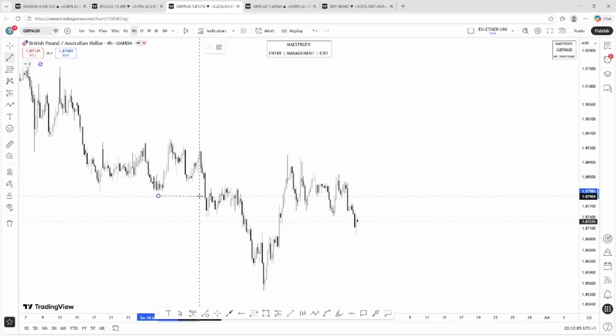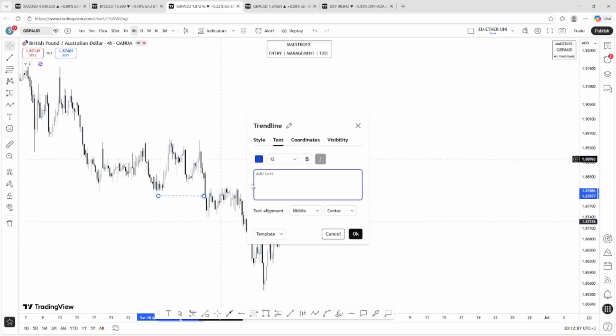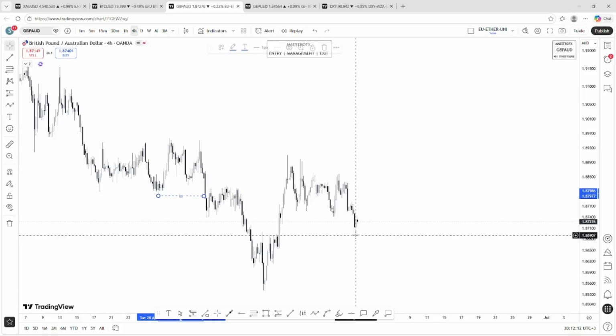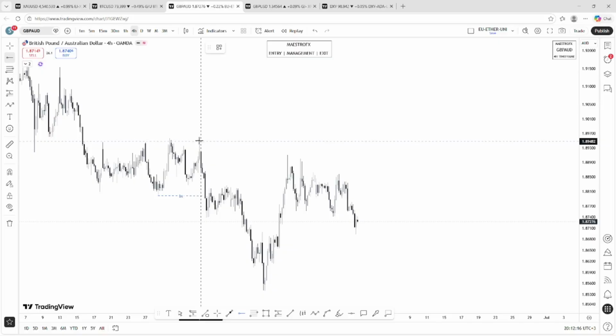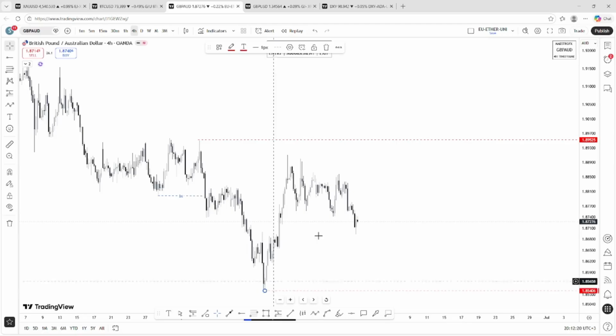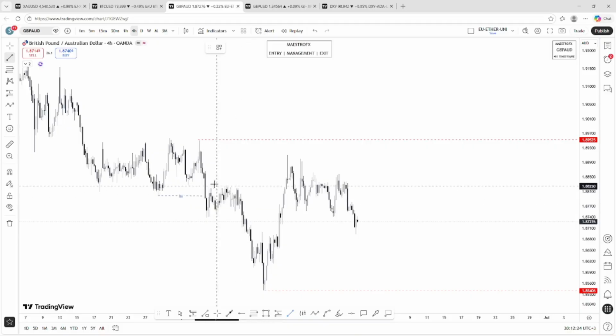This is the last break of structure. I don't want to do the analysis from the daily time frame; I think the 4 hour is enough to see. You can see that we swiped this internal liquidity here.